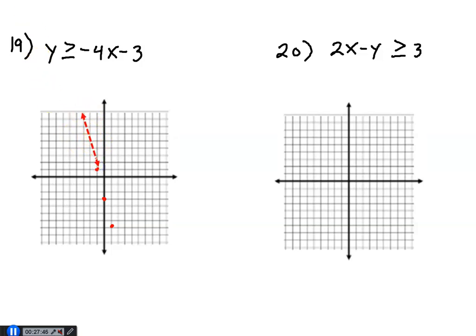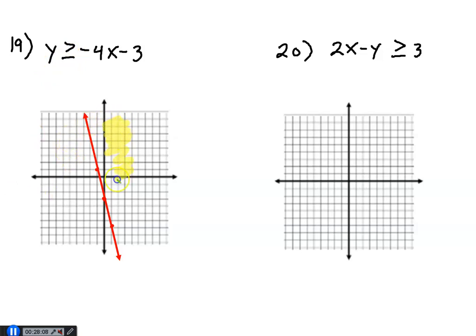Oh, it'd be solid. Let me change it to solid. Try again. All right, so there's my boundary line, and now I just have to do the shading based on the fact that this is greater than, and greater than is above the line.